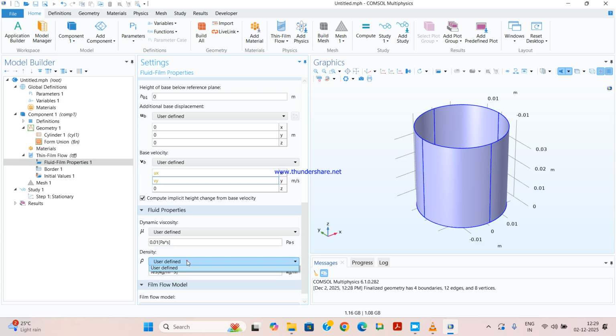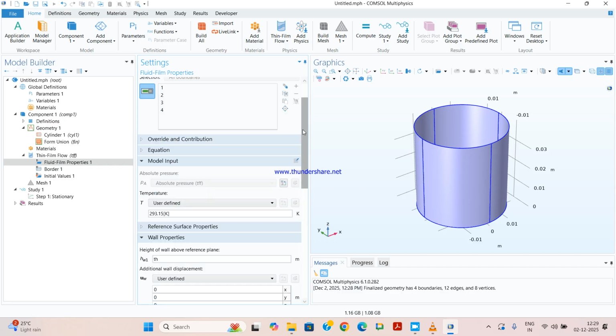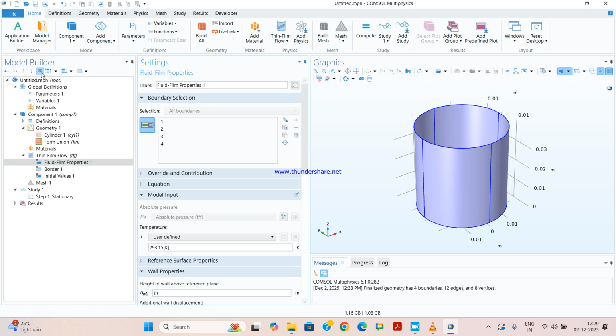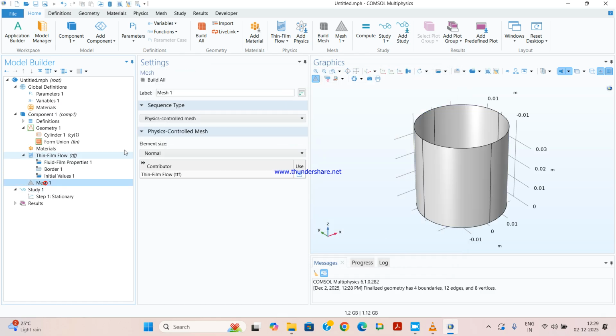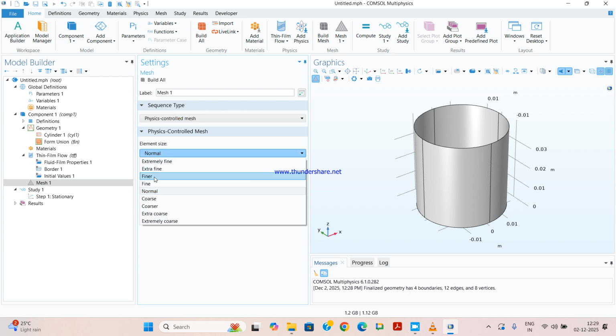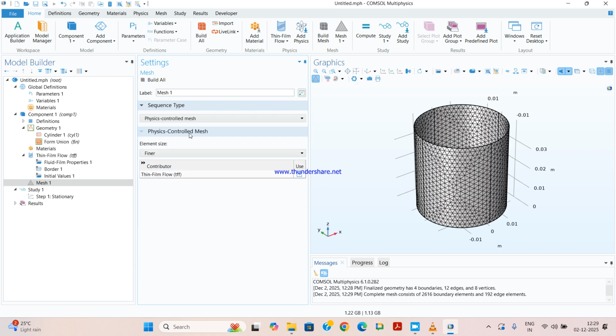This is okay, let it be like this. I enable the advanced physics option, it is already enabled. Now go to the mesh, let it be physics control mesh, and fine, and let us compute and see.